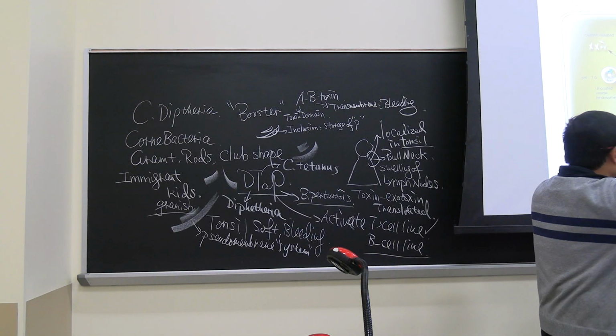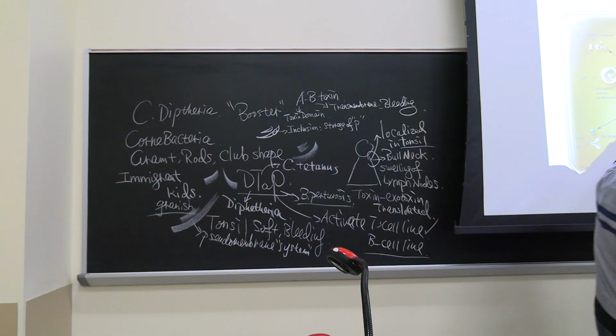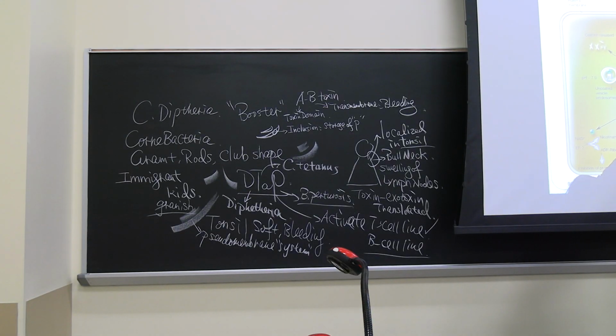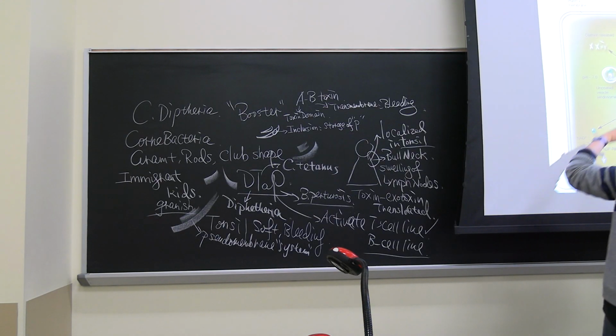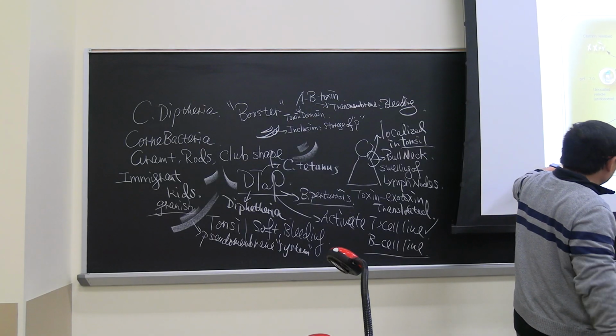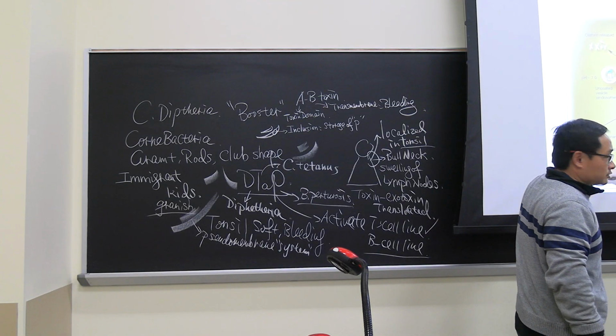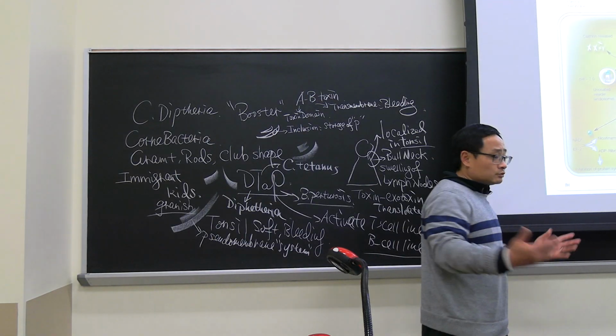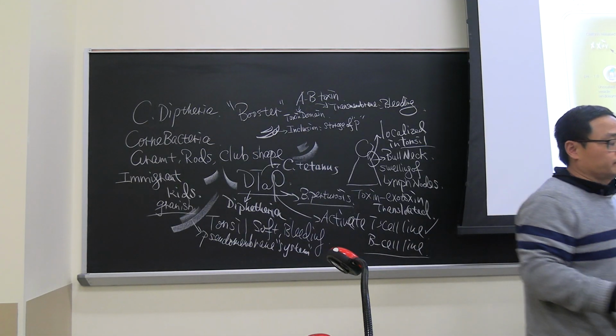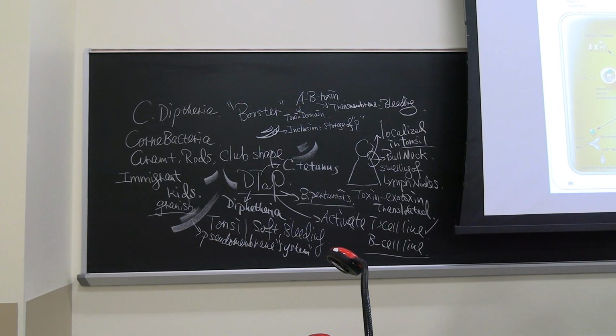And then they separate. The B domain goes back to cause bleeding. The A domain will cause toxicity. How? It inhibits protein synthesis. So that's how they work. It's an AB toxin. Lots of pathogens have AB toxins.